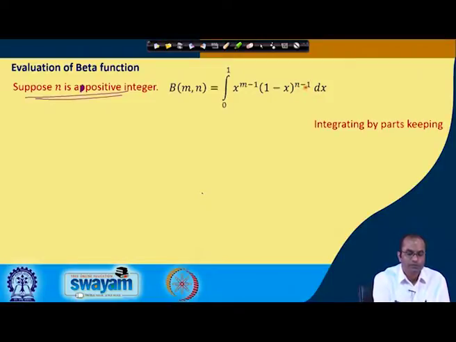We will differentiate this part of the function, and the other part will be integrated when we do the integration by parts.